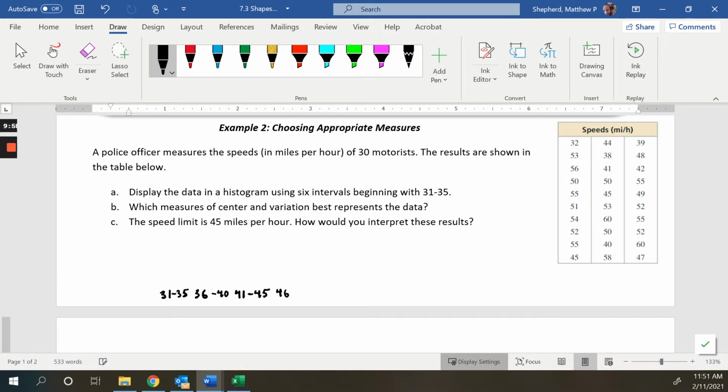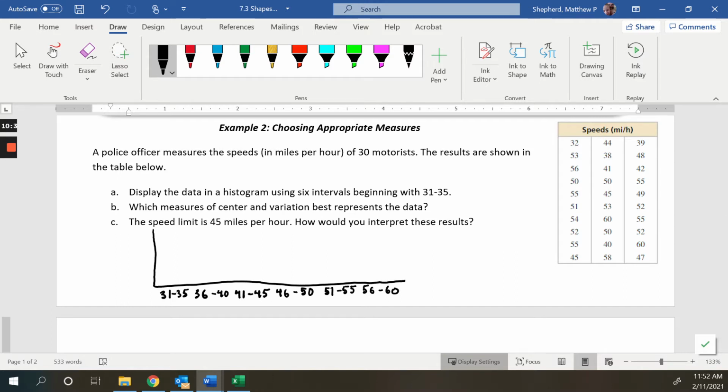Then 46, add a 4 and it goes to 50. And then 51, add a 4 and it goes to 55. 56, add a 4 and it goes to 60. And let's see, do we have anything above 60? Doesn't look like it. So I'm probably good there.